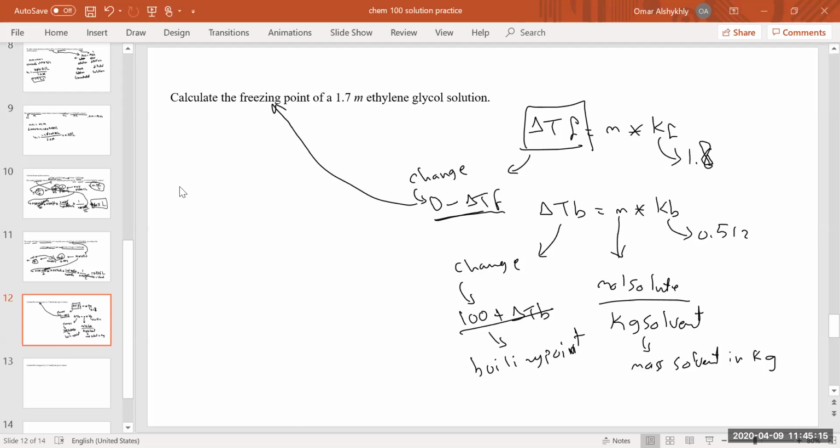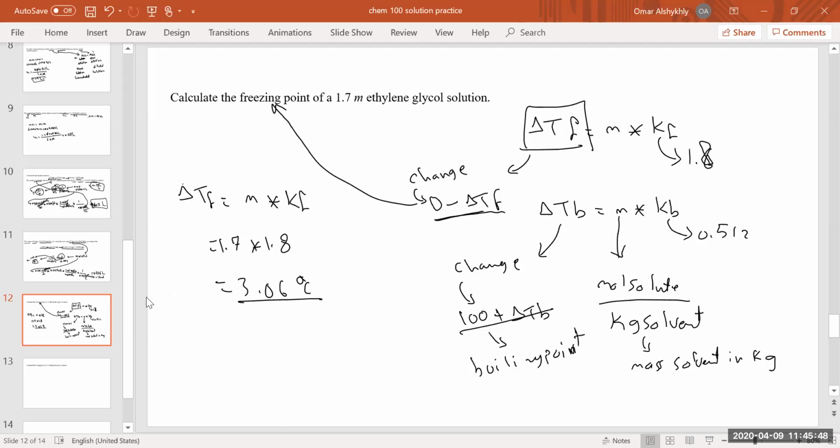What do we have? We have delta T sub F, because it's a freezing point, equals molality times K sub F. Here the molality is 1.7 times 1.8. Do the math, and you will get 3.06 Celsius degree, but this is the change.